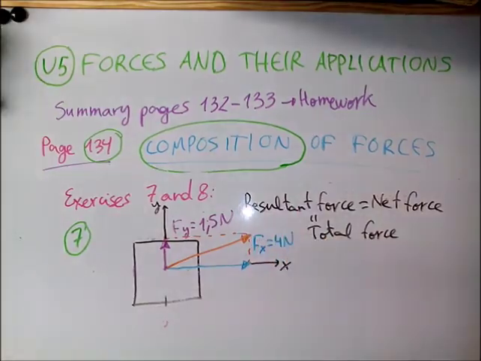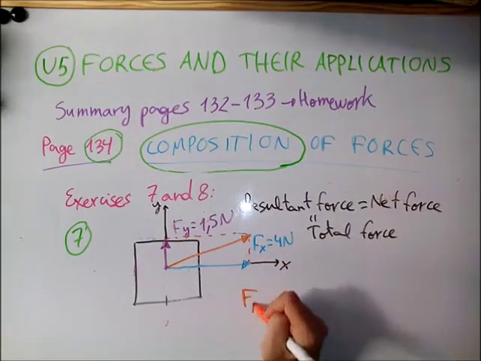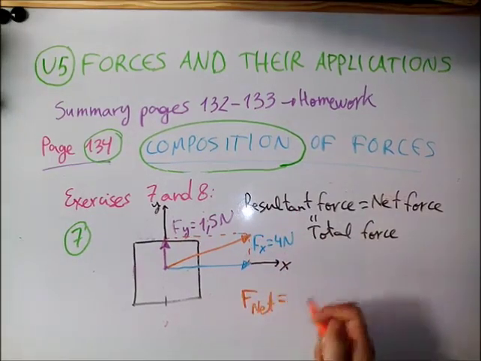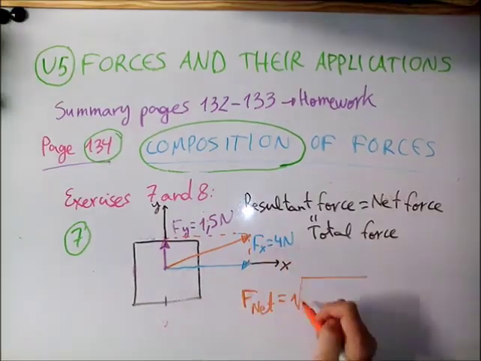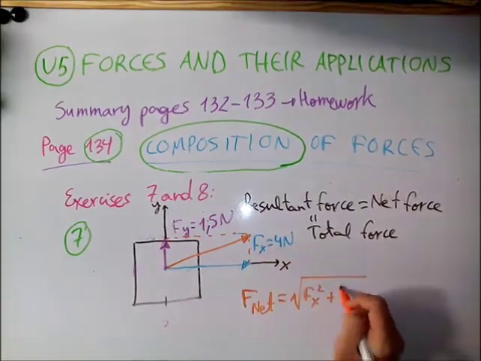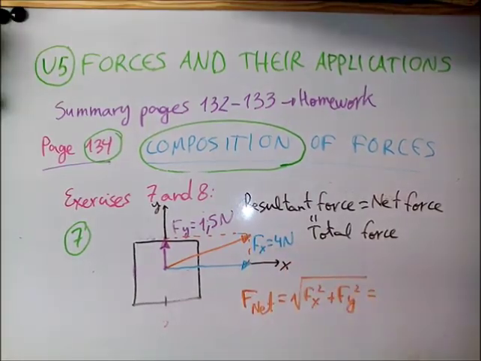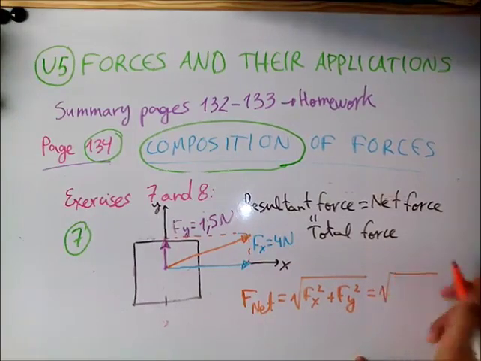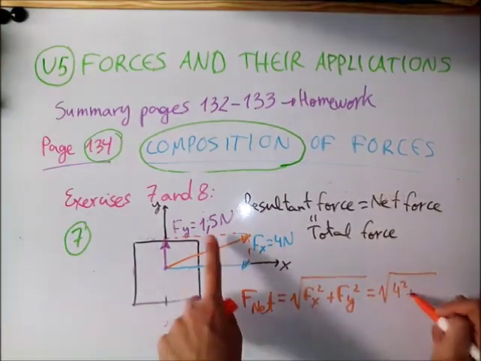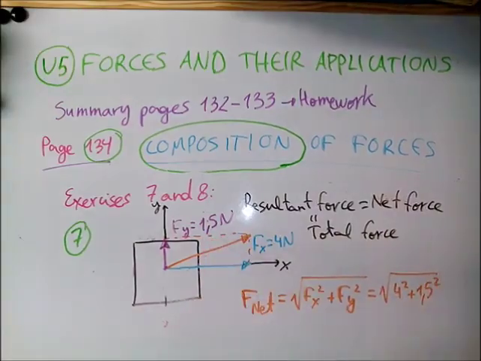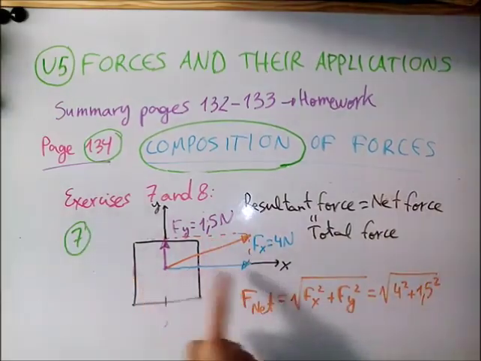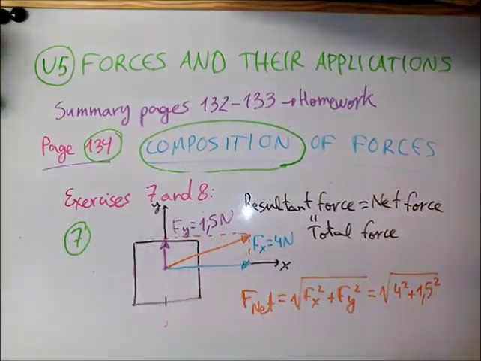So the net force is the square root of Fx squared plus Fy squared. I calculate it: this is 4 squared and this is 1.5 squared, so this square plus this square, like we did in the previous unit.